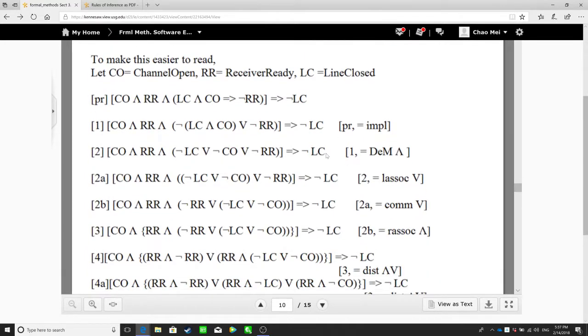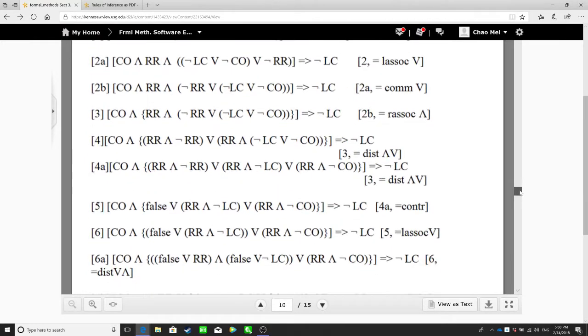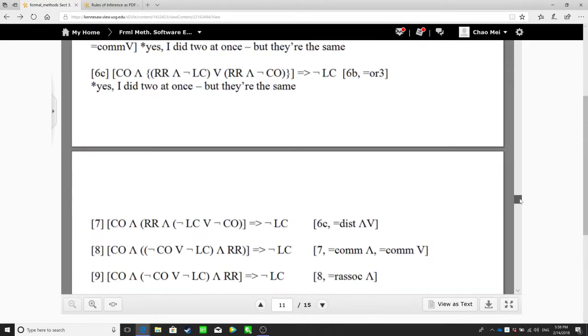So this is what we did here: negation or negation or negation implies LC. And this is the group. We changed the order, then we associate. Yeah, this is a pretty complex one.